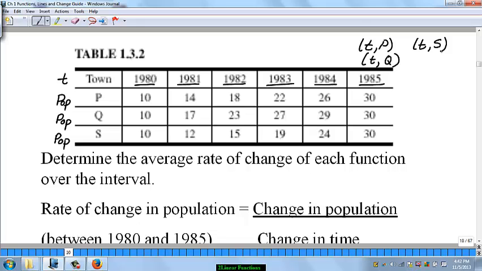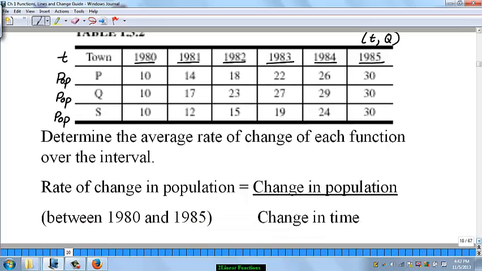And the other thing I want you to recall, if you have the change in population over the change in time, if the populations of P, Q, S are my y's, isn't this the same as saying delta y over delta x? Because our time is in the x part of our points, and the population is in our y. So it's a bunch of looking at slopes for each one.